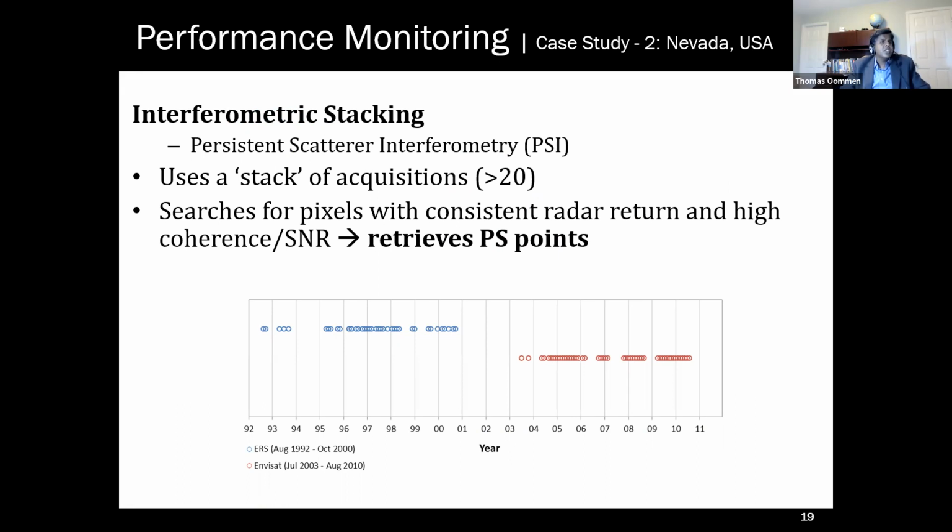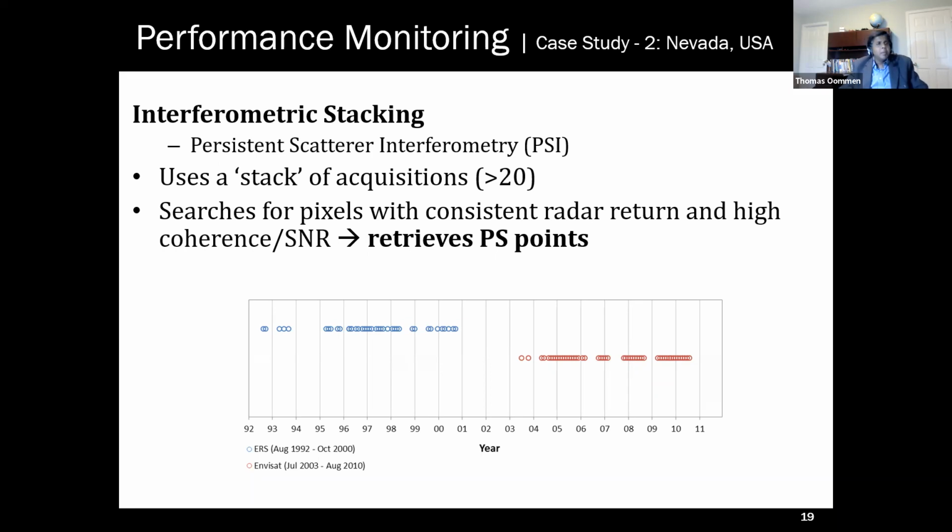And in this case, we used a different satellite also. In addition to ENVISAT, we used the ERS satellite. And the benefit of the ERS and ENVISAT radar satellites is that they both have the same wavelength. And because they have the same wavelength and same sensor configurations, you can actually combine them and process them.